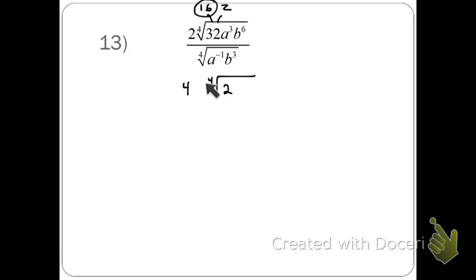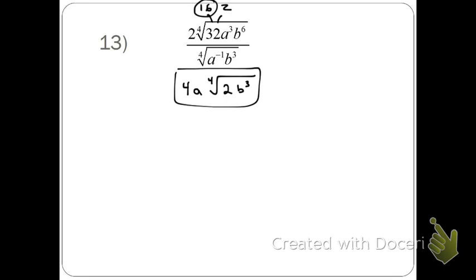2. Okay, then in our head we go, the fourth root of a to the fourth would become a, but the fourth root of b cubed would stay b cubed. Questions? Yes.